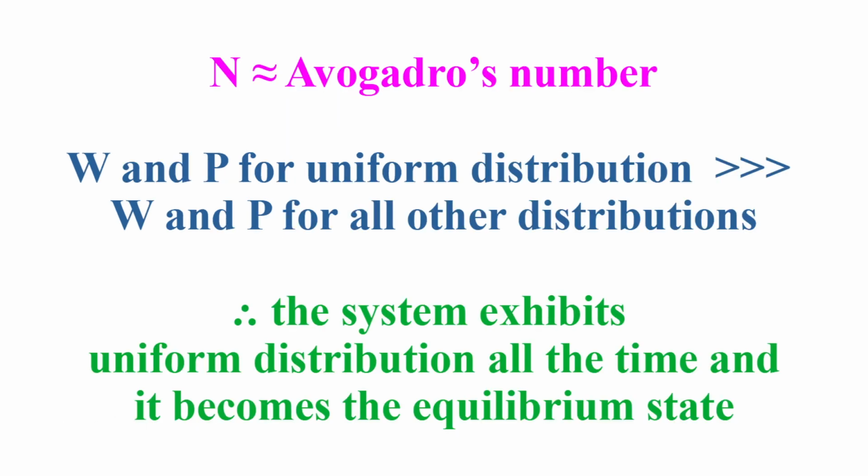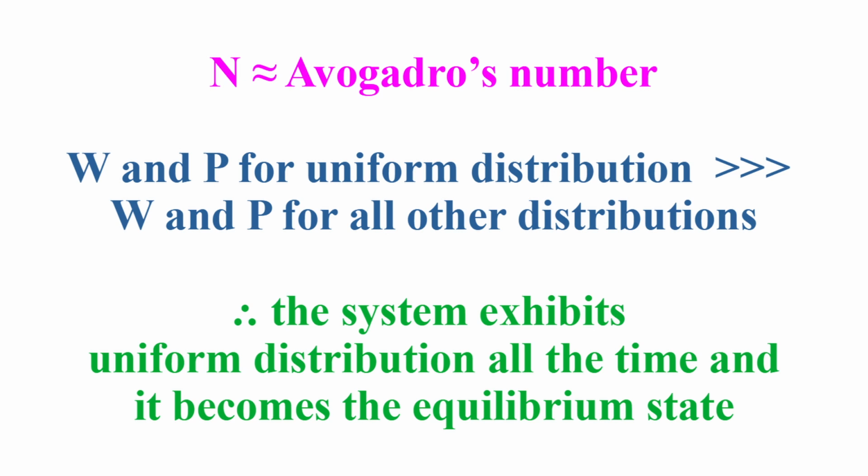And when the number of particles is very large, namely of the order of Avogadro's number, there is one particular distribution for which the number of possible microstates is humongously huge compared to that for any other possible distribution, and the system exhibits this most probable distribution all the time.